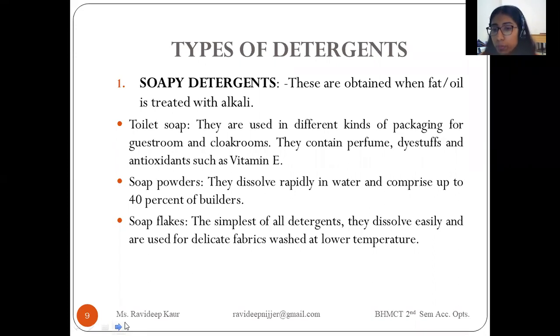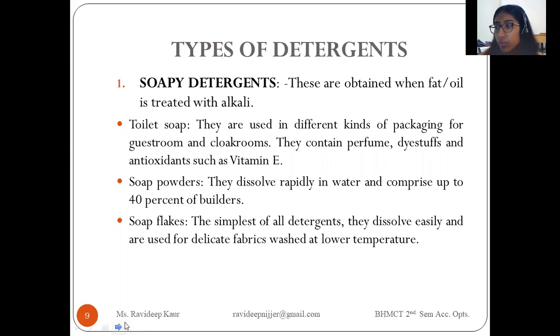Then we have toilet soap. They are used in different kinds of packaging for guest rooms and cloakrooms. They can contain perfume, dyestuffs, and antioxidants such as vitamin E. So we don't only have soapy detergents, but different soap detergents which are used in different ways.